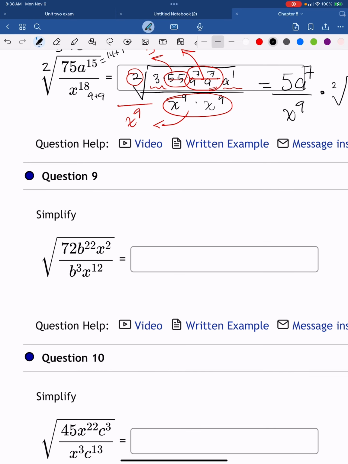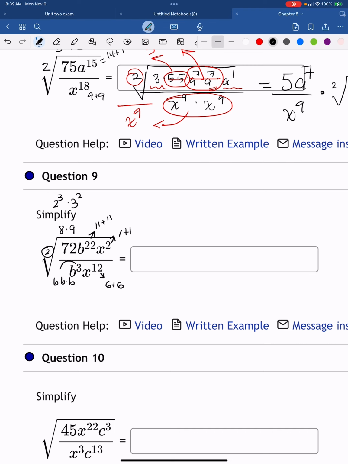72 happens to be 8 times 9, which is 2 to the 3rd times 3 squared, and this is a square root. So 22 happens to be 11 plus 11, 2 happens to be 1 plus 1, 12 happens to be 6 plus 6, and this will be 3 b's.